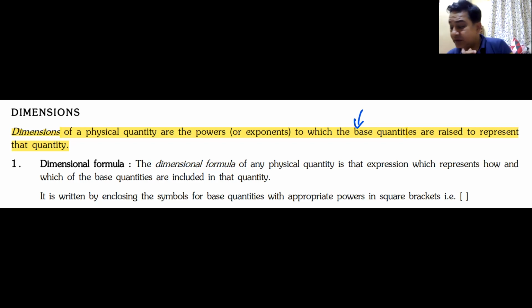Simple things. Since we know what a dimension is, we can also create a small term known as the dimensional formula. Now, without reading what is there, can you tell me what would be a dimensional formula, in simple language?